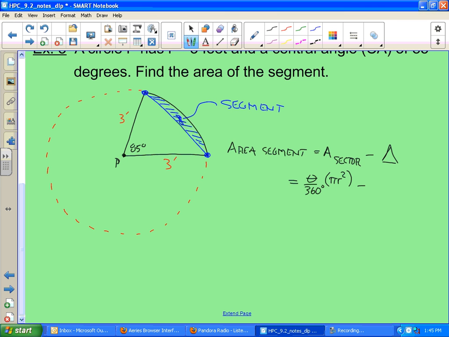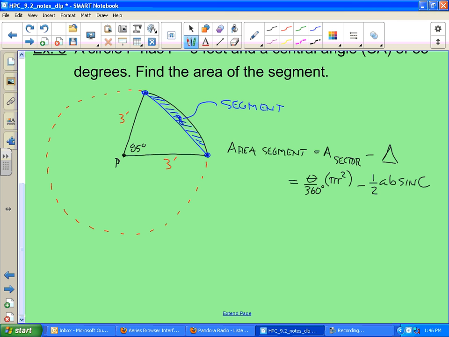What am I going to remove? Generic formula: 1/2, some side, some other side, and the sine of the included angle. So that's generically what we've got for the area of our segment.